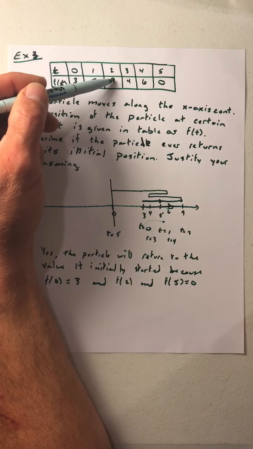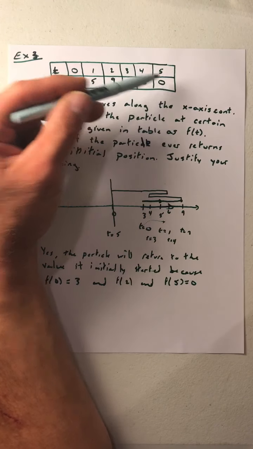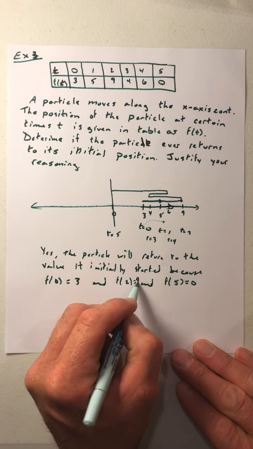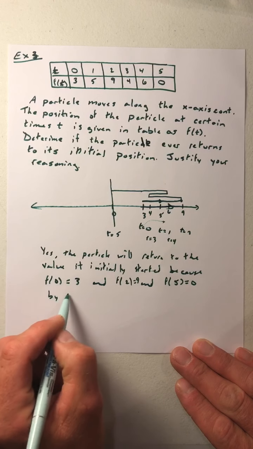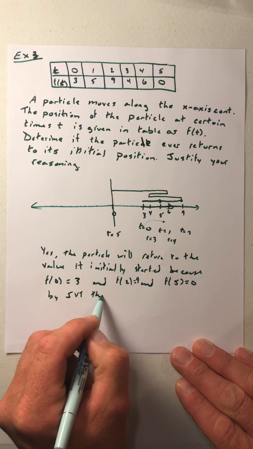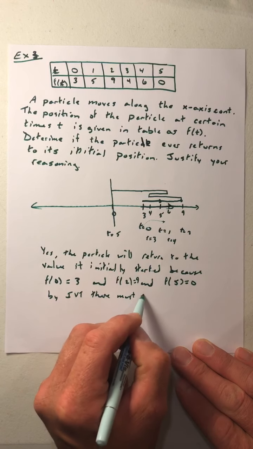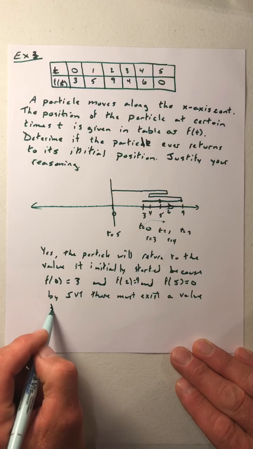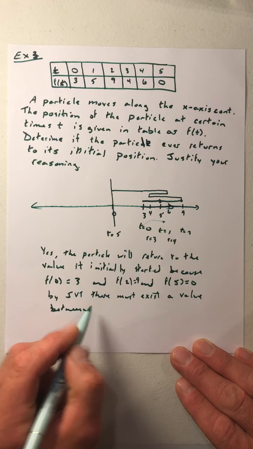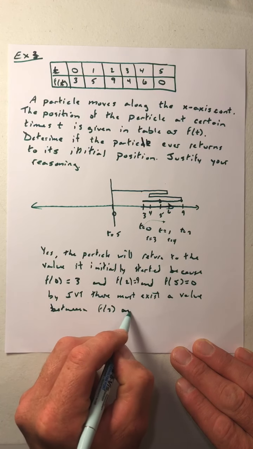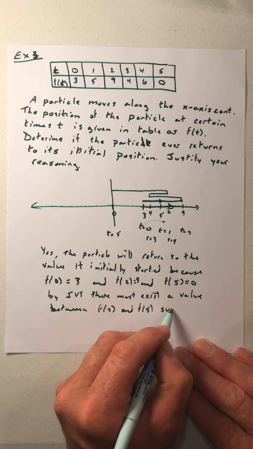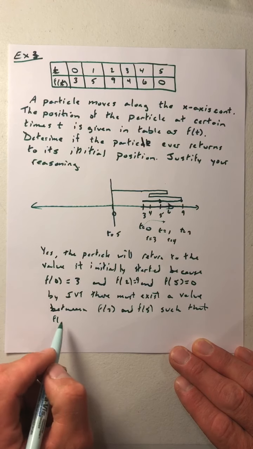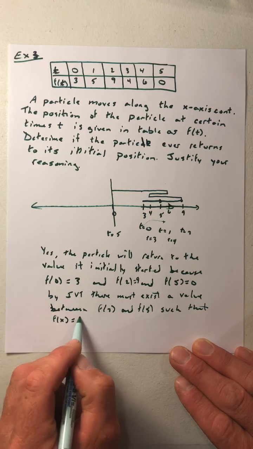We know that f of 2 was 9, and f of 5 was 0. So since f of 2 was 9, and f of 5 was 0, by the IVT, there must exist a value between f of 2 and f of 5 such that f of x equals 3.